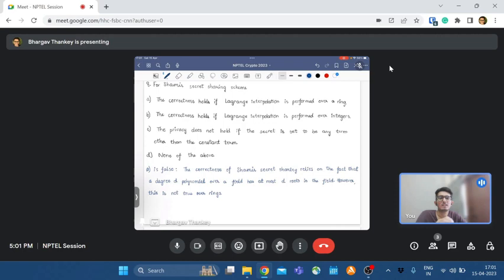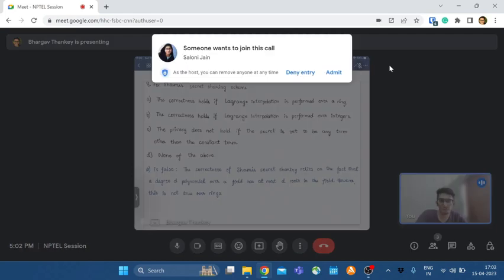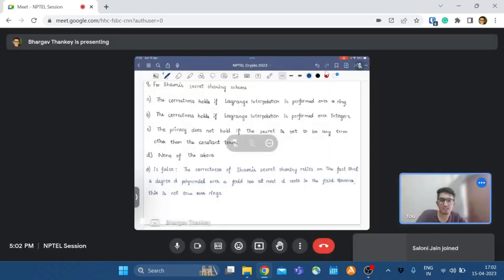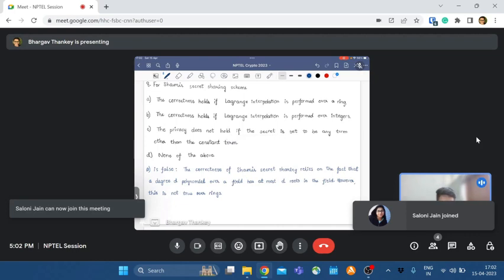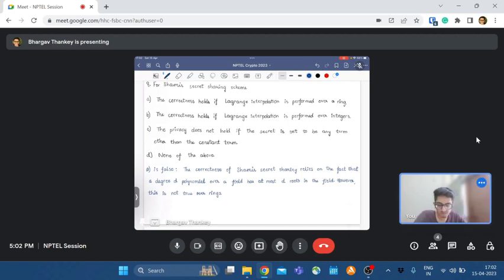So similar to Shamir secret sharing, we can create a similar scheme where the secret is some other coefficient. So this is not a problem. So C is also false. And so none of these are true. Is this fine?